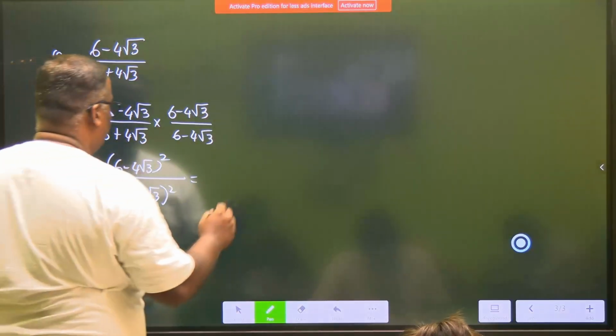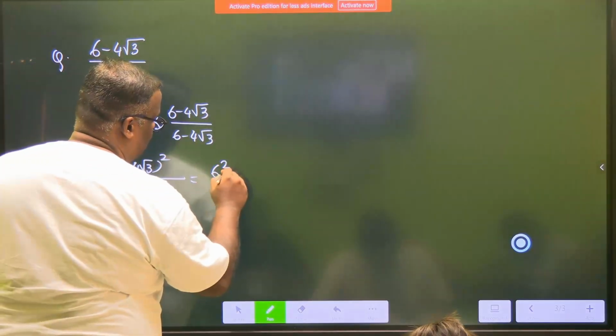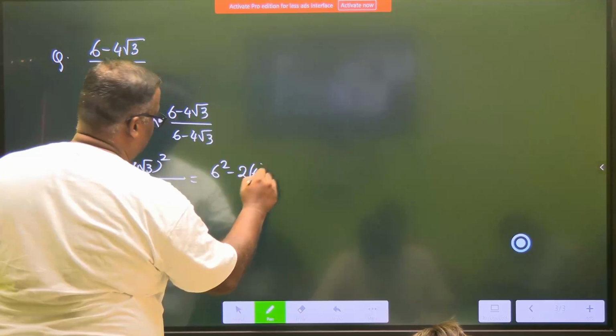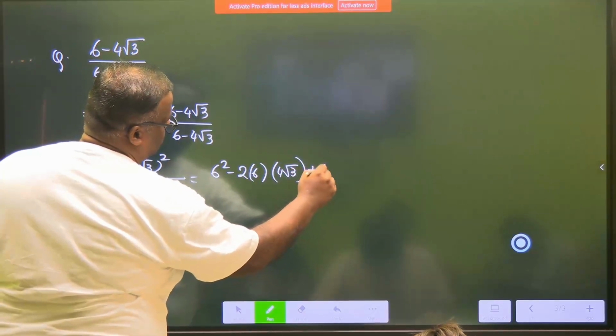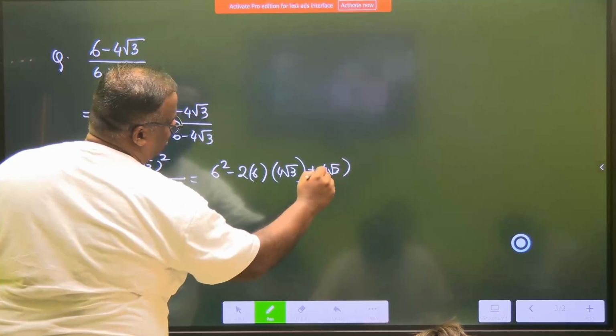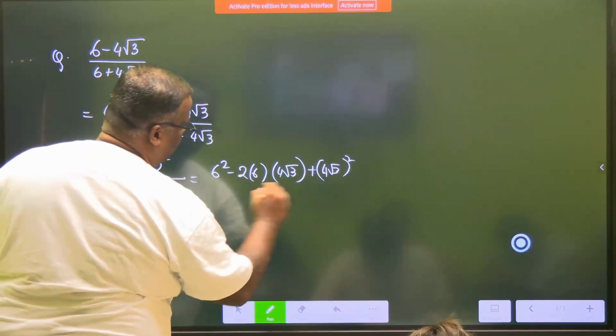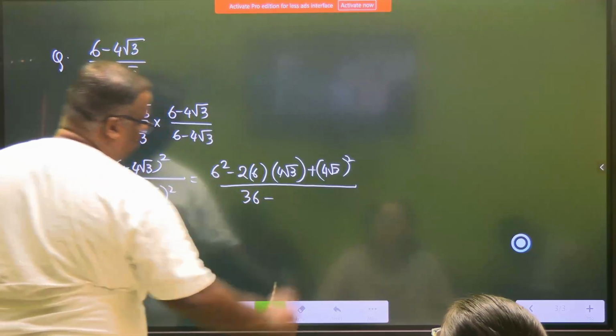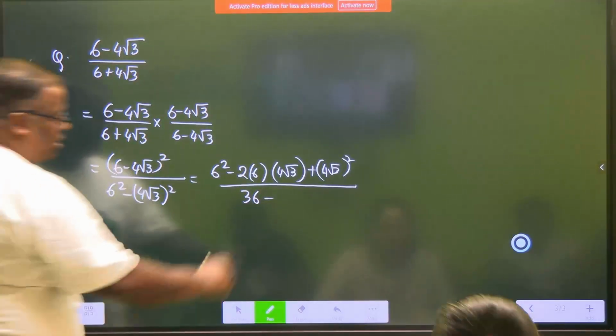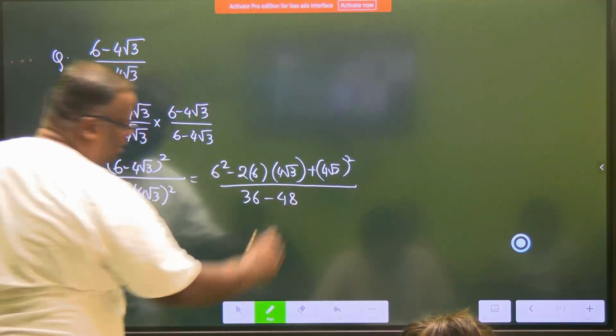So what do you get on numerator? a square minus 2 into a into b plus b square, divided by a square minus b square, where 4 square is 16. 16 into 3 is 48.